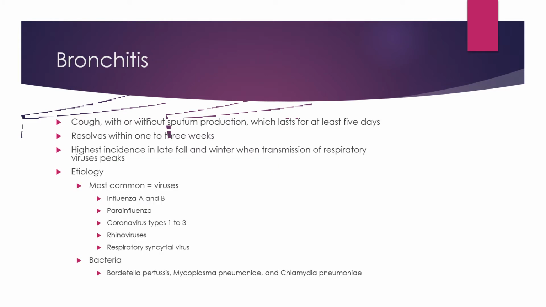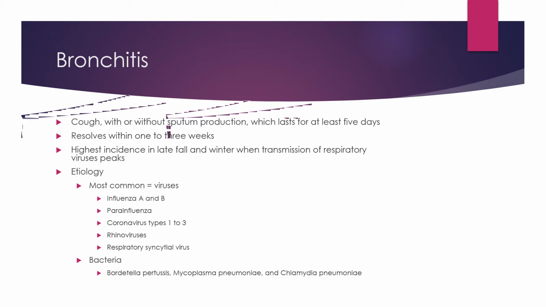So bronchitis. It's usually going to present with a cough with or without sputum production, which lasts for at least 5 days. And it is really self-limiting for the most part. It is going to resolve within 1 to 5 weeks. And its highest incidence is in late fall and winter when transmission of respiratory viruses peaks.